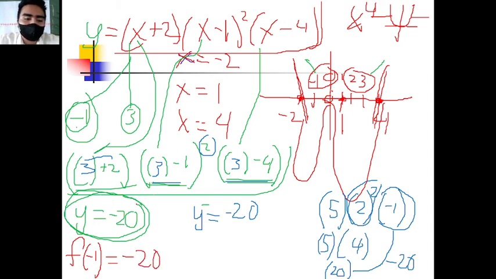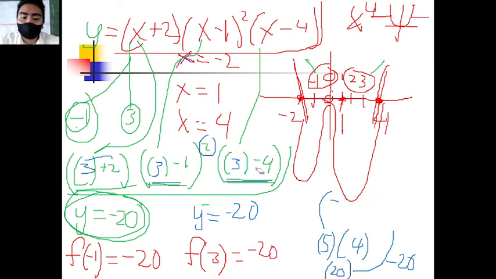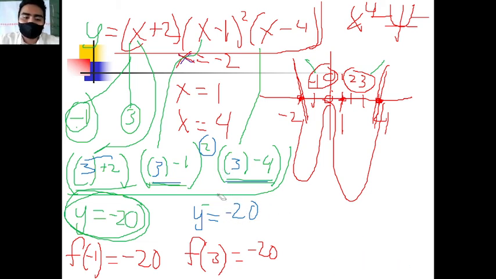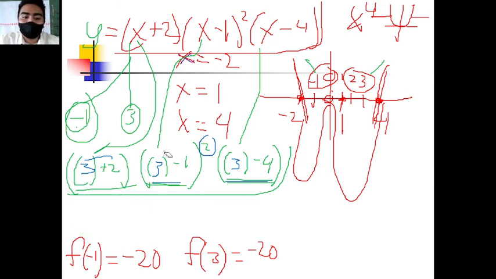And when you have the function at positive 3, your function would be negative 20 itself. From the values themselves, it shows that that is the other point where the graph touches.